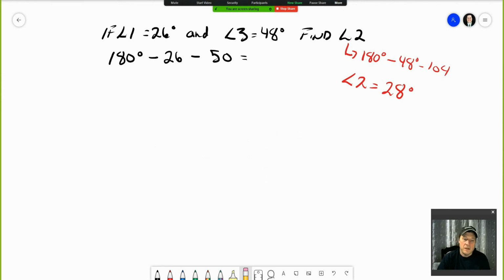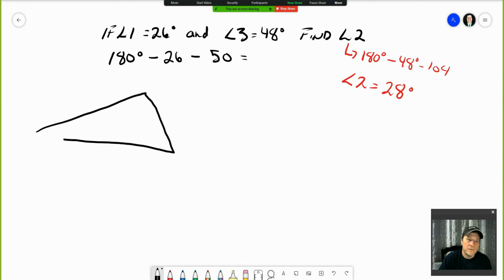Okay. And let's just draw the one triangle here. That's triangle number 1. At triangle number 2, I'm just going to draw with its own color. Here's triangle 2. And the whole thing, right?